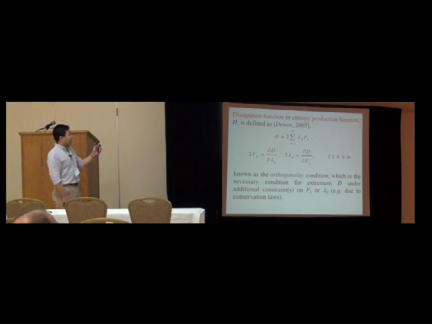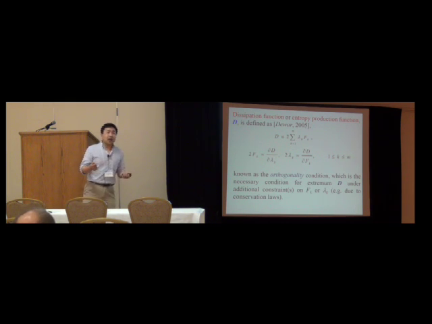The orthogonality condition, which is essentially a Legendre transform of the constraint and Lagrange multiplier, turns out to be a necessary condition for this dissipation function under an additional constraint on the constraint itself. For example, we know the heat energy must be conserved. So that puts a constraint on these microscopic properties in terms of the F variable.